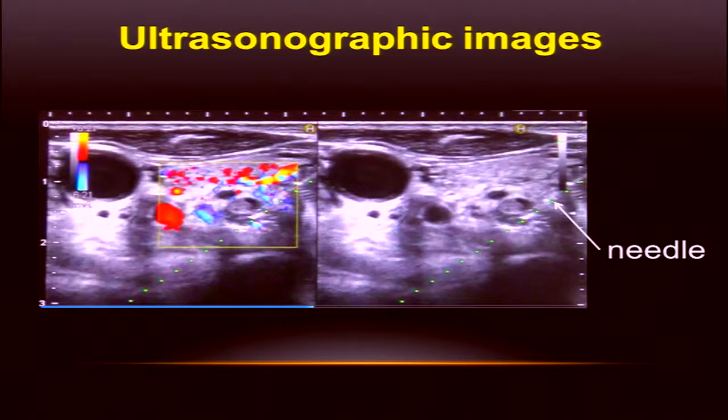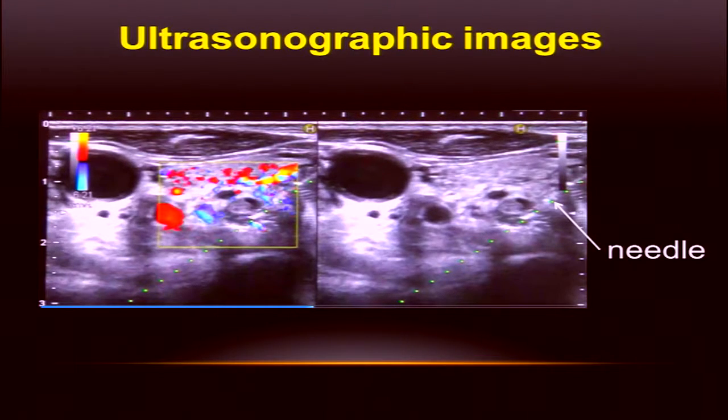Left side color Doppler, right side plain, and you see the dotted line, and the needle goes right on the dotted line. So what we do is the ultrasound technician finds the parathyroid gland and then adjusts the dotted line on the parathyroid gland.